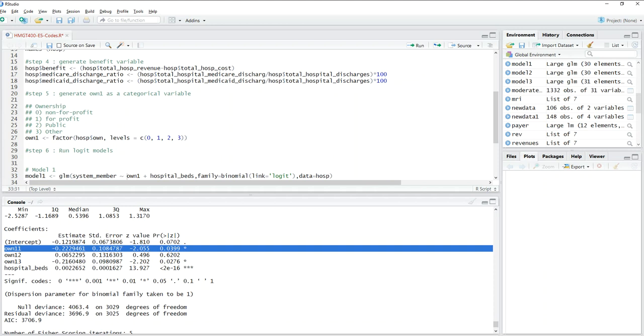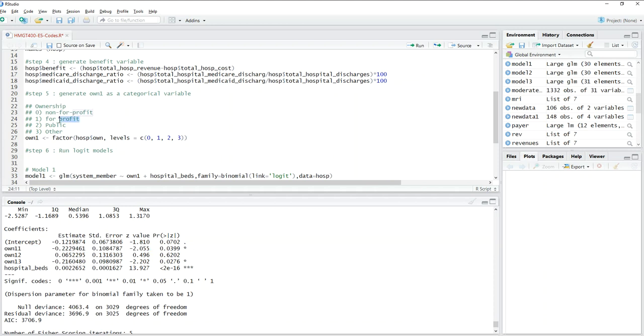Ownership number 1 here is for-profit. This does mean the for-profit hospital is less likely to be a member of a system, probably not in the network of providers.